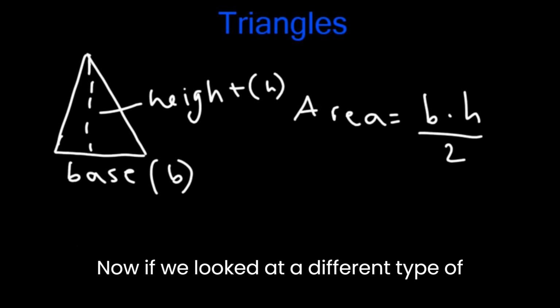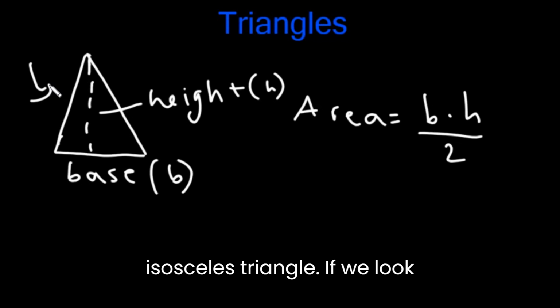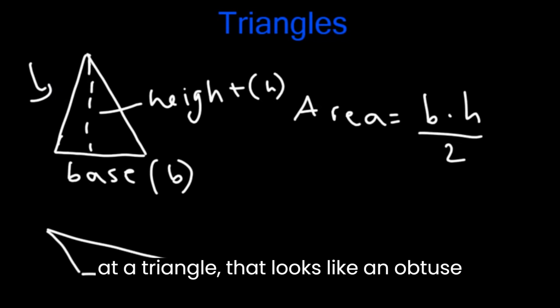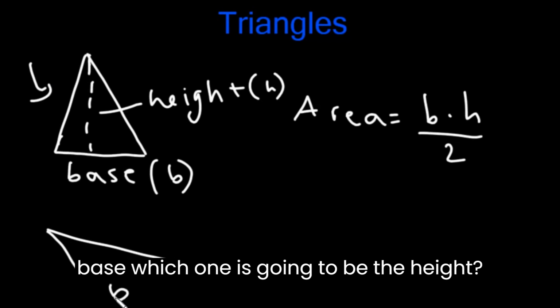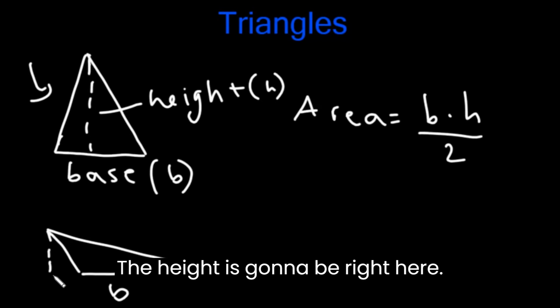Now, if we looked at a different type of triangle, since this is probably an isosceles triangle, if we look at a triangle that looks like an obtuse triangle, and this is the base, which one is going to be the height? The height is going to be right here.